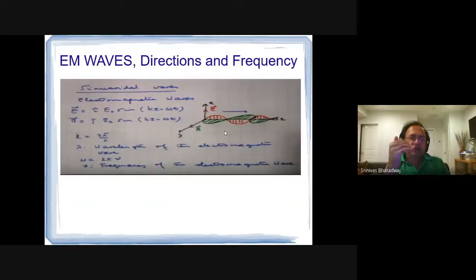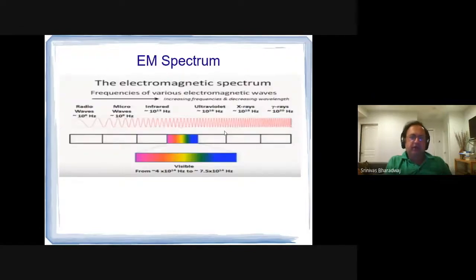Because they are completely connected, you have the third direction, E cross B, being the direction of propagation of the wave. So if the E is along X, the B is along Y, then the direction of propagation of the wave is along Z, along the direction of E cross B.